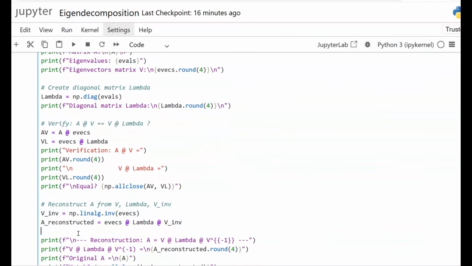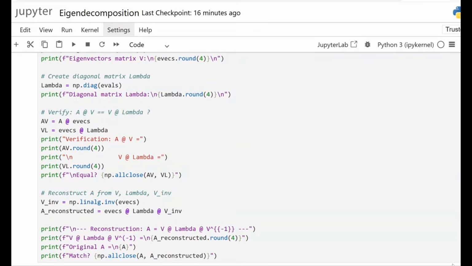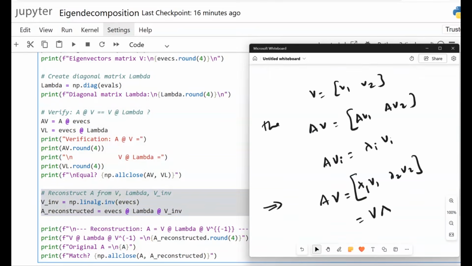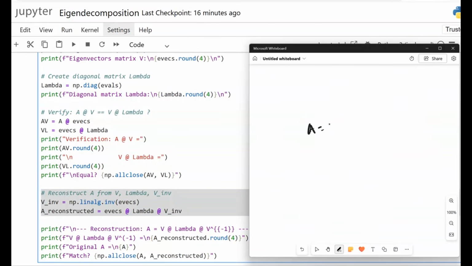And coming to the reconstruction, kindly observe, dear friends, what we have is A equals V multiplied by lambda multiplied by V inverse.